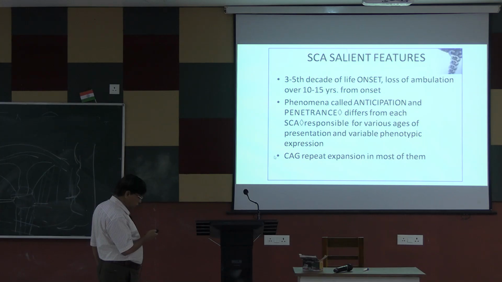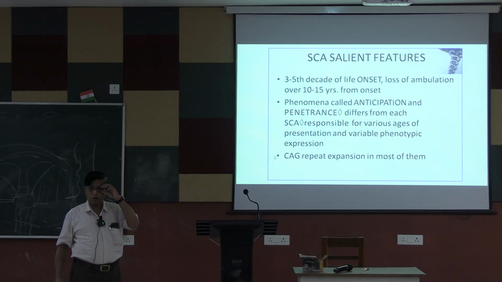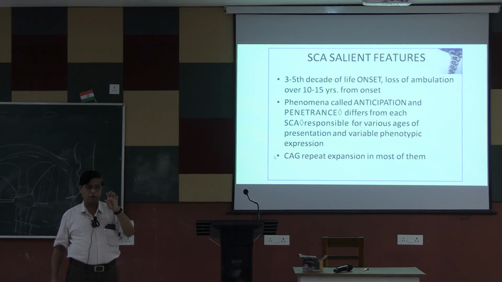Spinocerebellar ataxia has onset between the 3rd and 5th decade, with loss of ambulation 10 to 15 years from onset, and the phenomenon called anticipation. CAG repeat expansion is the most common cause. I have told you in your Huntington's chorea classes that there is a triplet repeat.